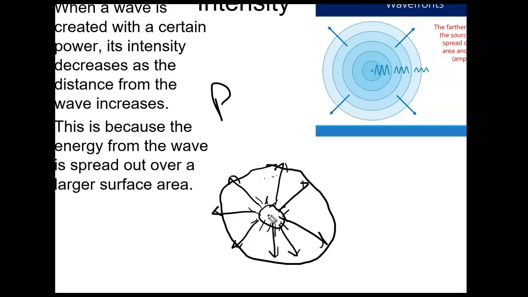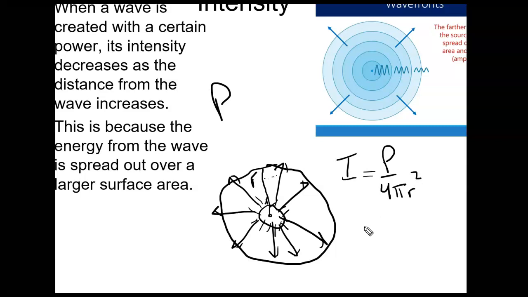Let's say that sphere has a radius r, then the intensity along the surface of the sphere would be P divided by 4 pi r squared.